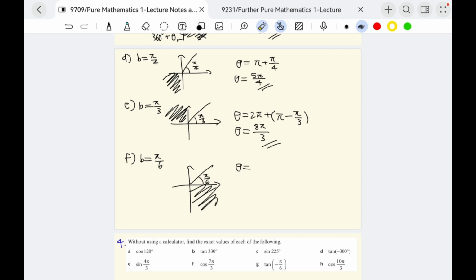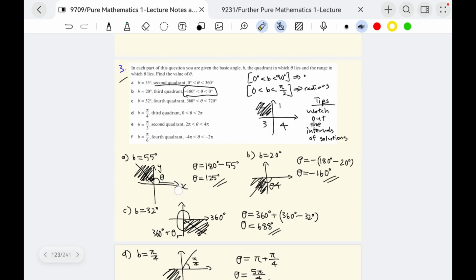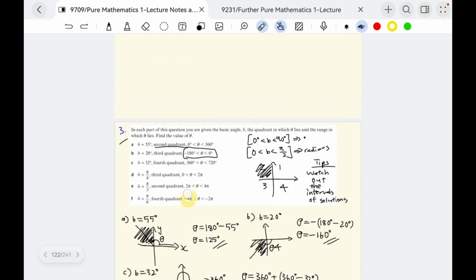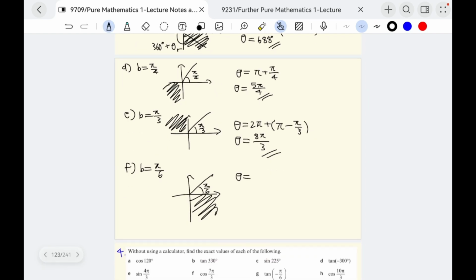Why? Because theta can only be between negative 4 pi to negative 2 pi, right? So we have to add up with the negative 2 pi first, then the pi over 6, right? So we should put negative because of add up. Or we can put a negative sign outside the bracket with the 2 pi plus.